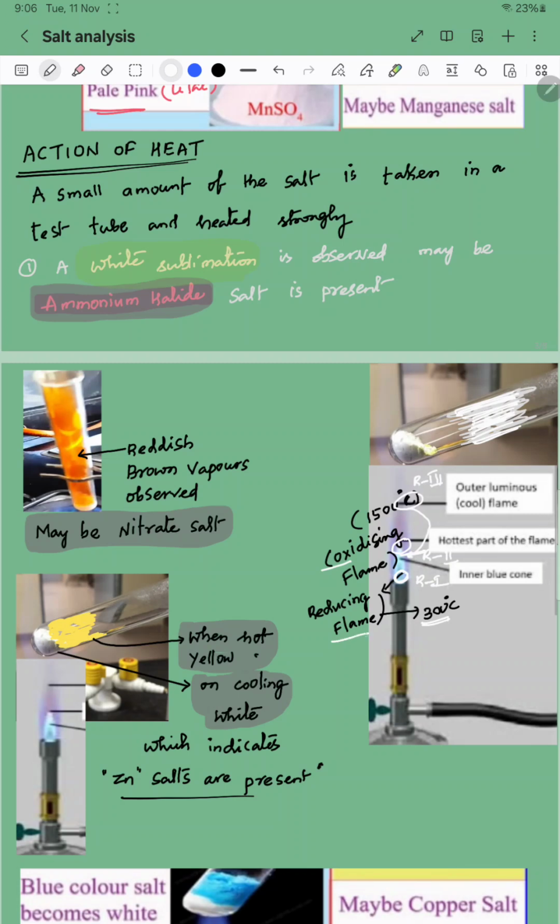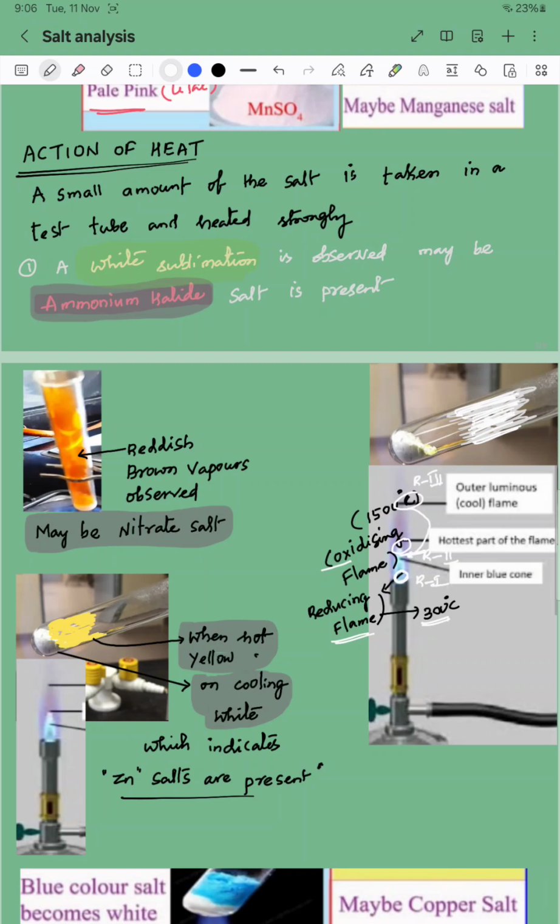This flame we call the reducing flame. So region 2 temperature will be 1500 degrees, and region 1 temperature will be 300 degrees. Region 2 is an oxidizing flame, region 1 is a reducing flame.